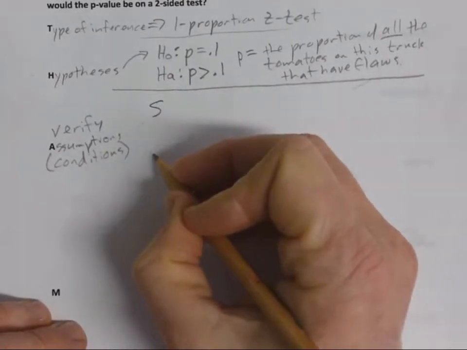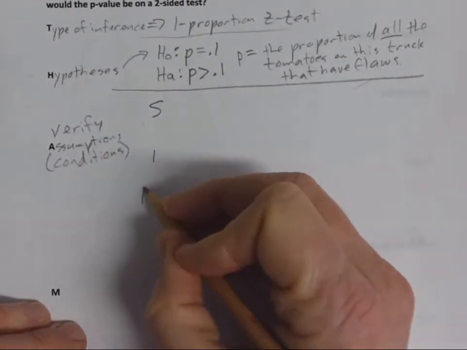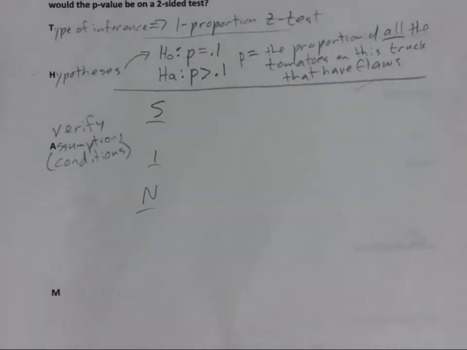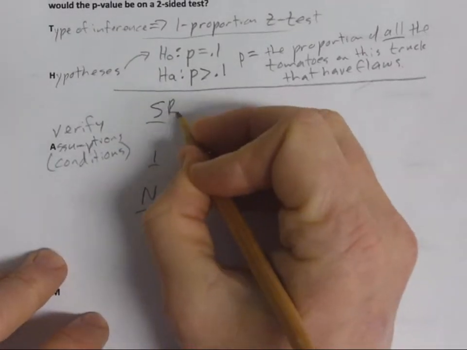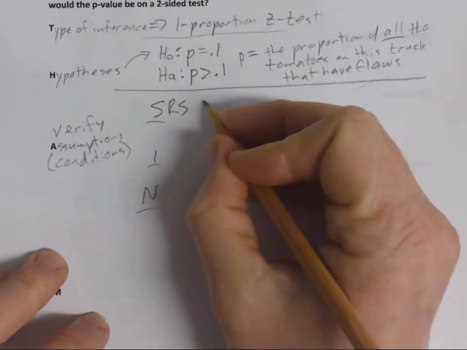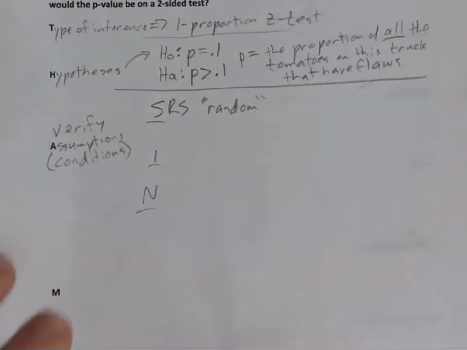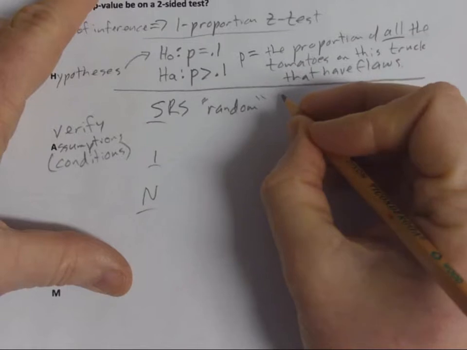So if you mastered that in the last chapter, there's good news. It's going to be there the whole time. The S stands for SRS, or random. Really more accurately, random. Did we get our data from random sampling, or do we have random assignment into treatments for an experiment, which is not going to come around until later in the year. But anyway, just like last chapter.